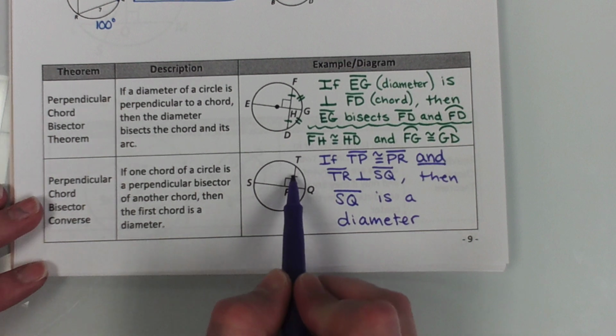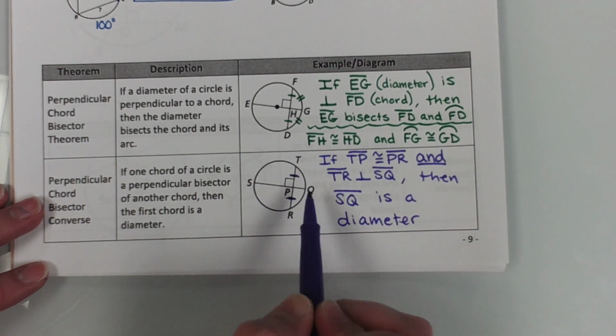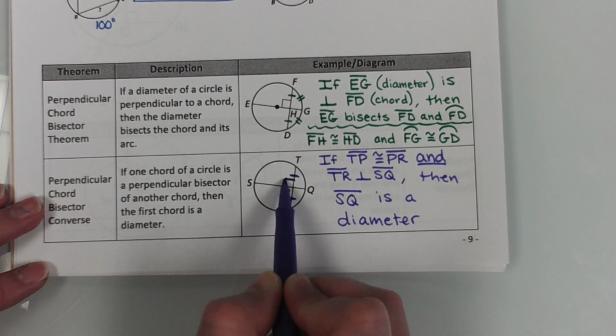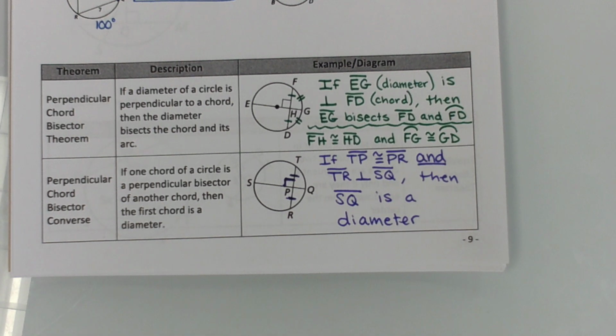So if we have this congruence and this perpendicular, then we're able to say we have a diameter in the one that didn't get cut into two congruent parts.